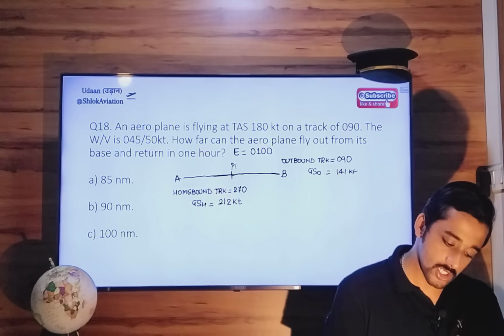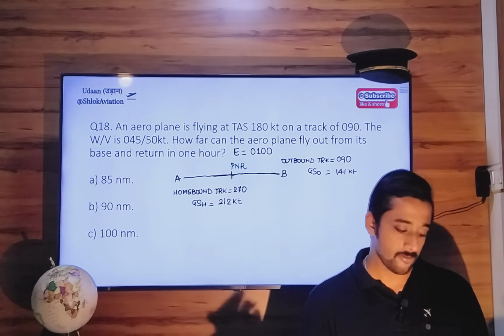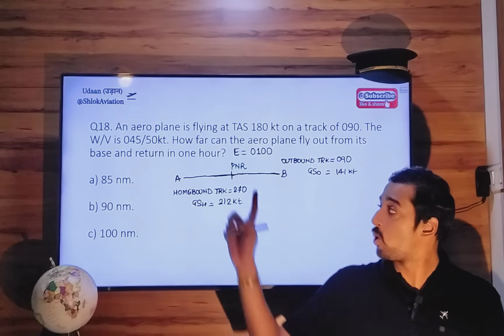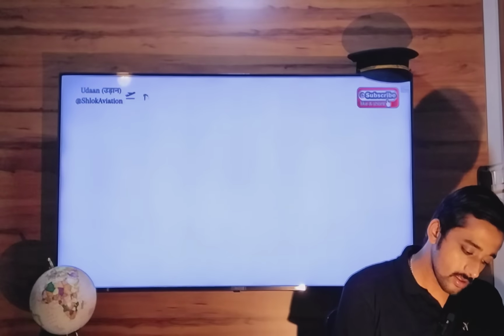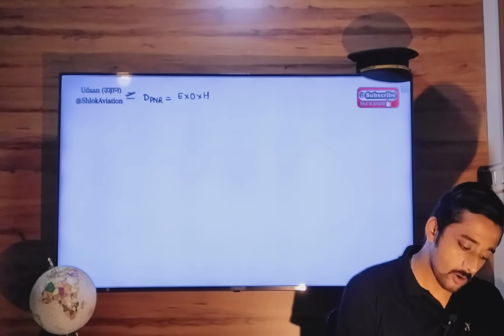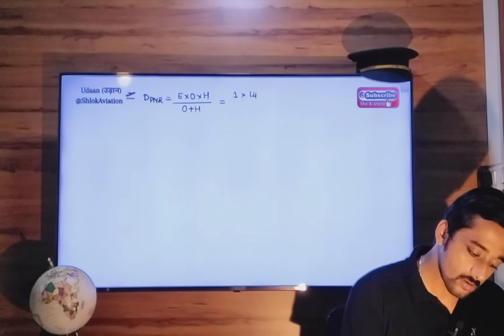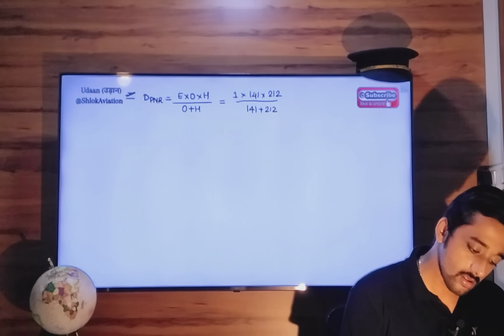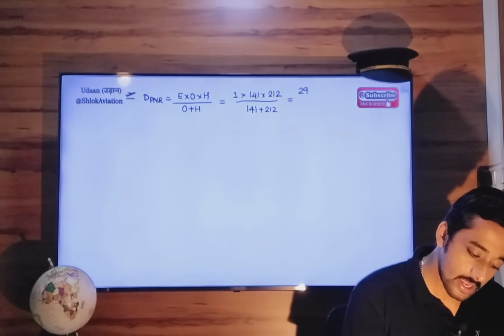This is your PNR position. Here it's not given explicitly, but looking at the question, you can use the PNR formula and find out the distance it can go to and come back in 1 hour. So now let's use the PNR distance formula. Endurance, homebound, outbound: 141 into 212, 29,892.